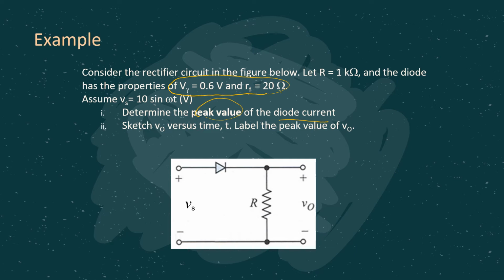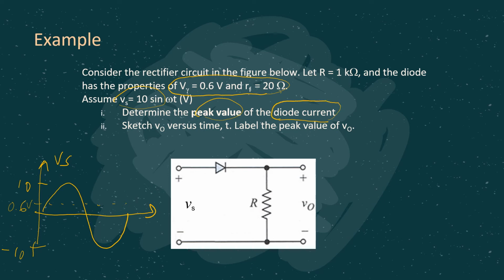Then as you can see, Vs is given as 10 sine omega t, meaning we have something like this. The amplitude here is 10, and here it is negative 10. Then we have the V gamma value of 0.6 volt. Since we are going to determine the peak value of the diode current, obviously we are going to get diode current only when Vs is larger than V gamma.